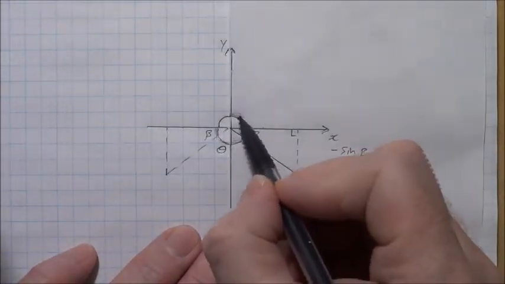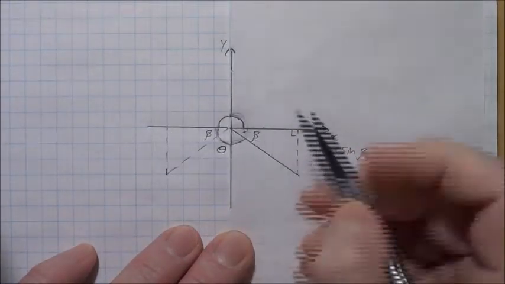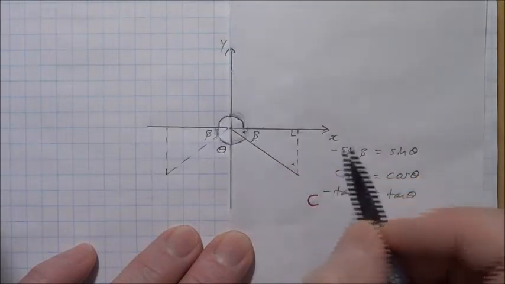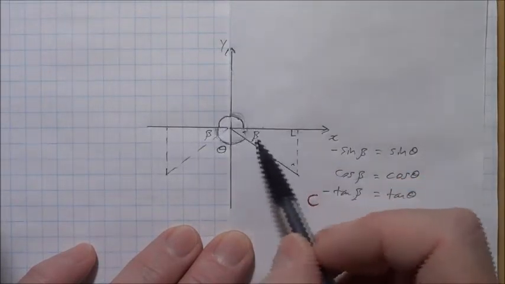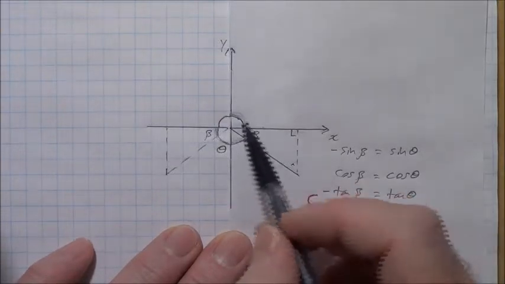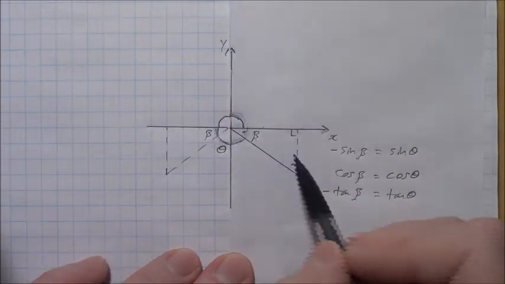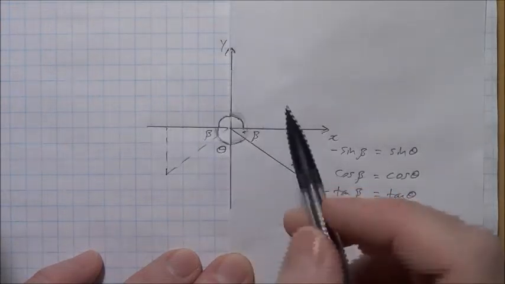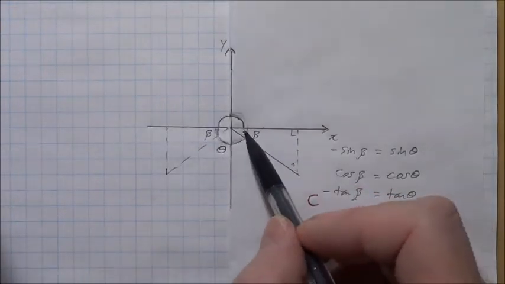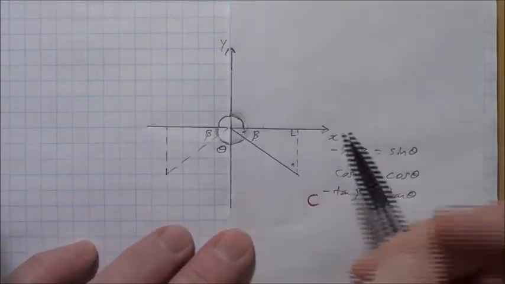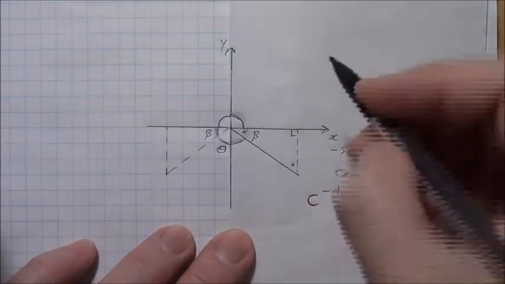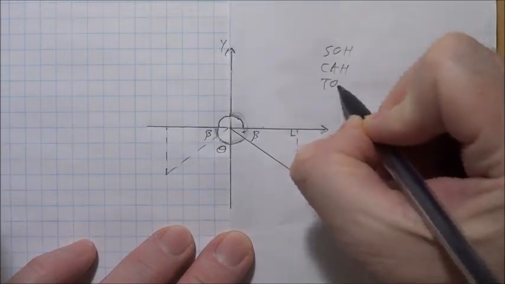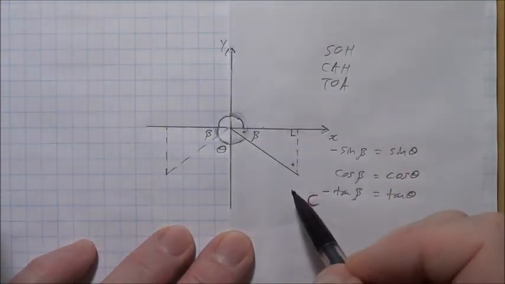So if the beta angle and this other angle have to keep repeating themselves from, say, 0 through 90, or from something very close to 0 to something very close to 90, as they continue to go around the circle, always adding up to 90, then those trigonometric ratios of SOH CAH TOA also have to keep repeating themselves.